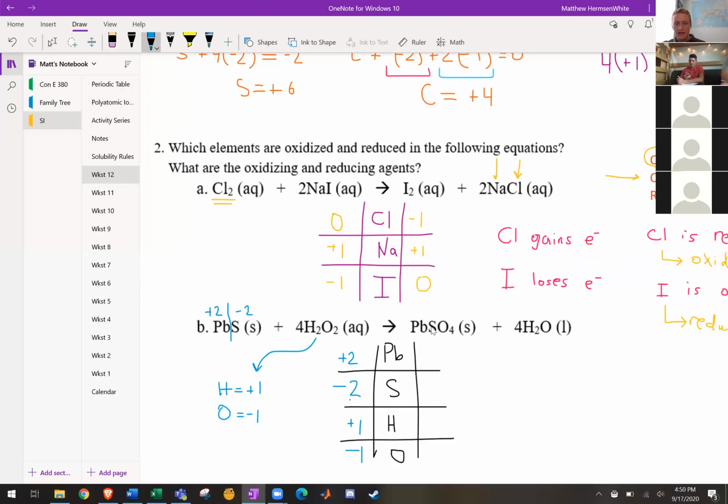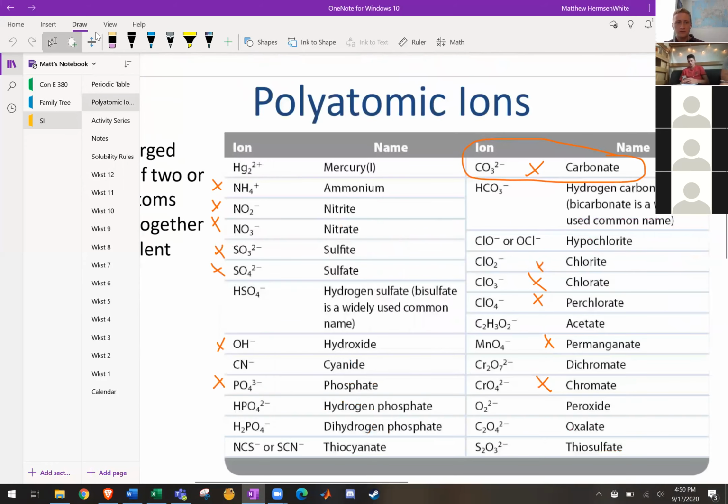And on the right side, we have lead sulfate. So this one here, we're going to break up into polyatomic ion. So we know SO4 is -2. Again, that is one of the polyatomic ions. Let me flip over to the polyatomic ion chart real quick. If you don't remember what these are, I'd recommend you take a photo.